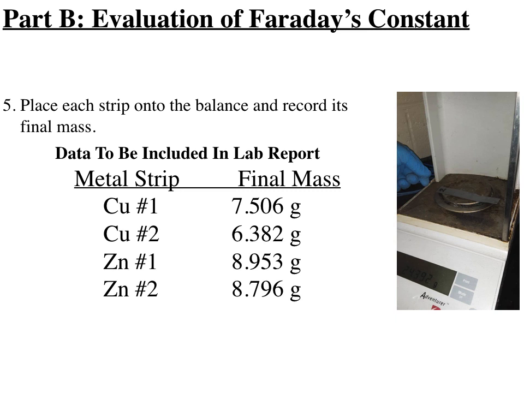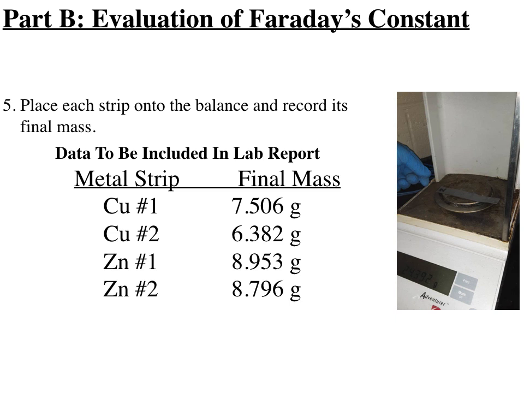I allow them to dry because I don't want the amount of material to be tainted by the water if the strips are wet. So I allow them to dry, and then after they are dry, I weigh them again, and I get the following values for the final weight of the two copper strips and the final weight of the two zinc strips.